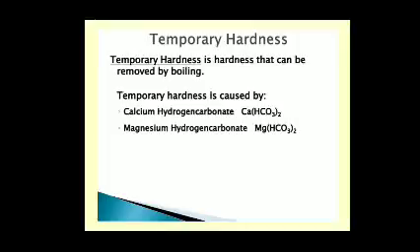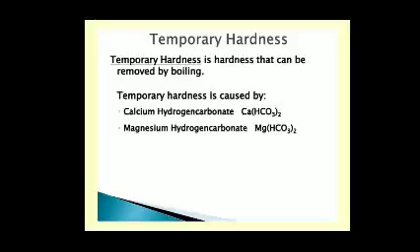When you boil the calcium bicarbonate or magnesium bicarbonate solution present in water, calcium bicarbonate converts to calcium carbonate plus H2O plus CO2. Magnesium bicarbonate, when boiled, gives magnesium carbonate plus H2O plus CO2.